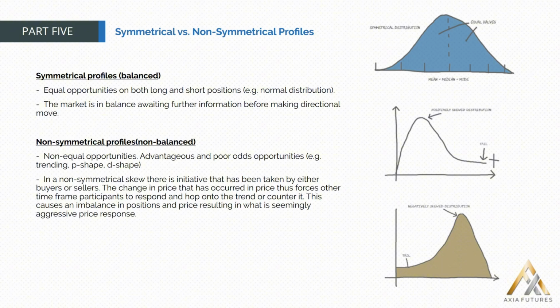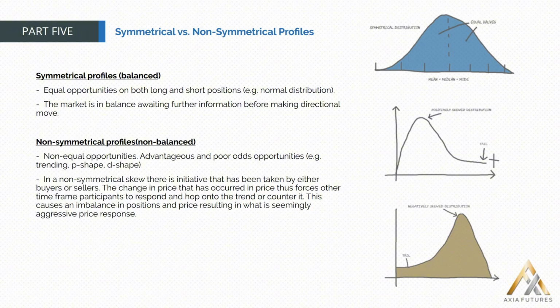Then, the opposite of that is non-symmetrical profiles or not balanced. Now, as you can see in the pictures, our first blue little picture there, that's what a typical normal distribution looks like. What you'll notice is that majority of the trade is executed within sort of 70 to 90% of the mean. In other words, the average price on the day.